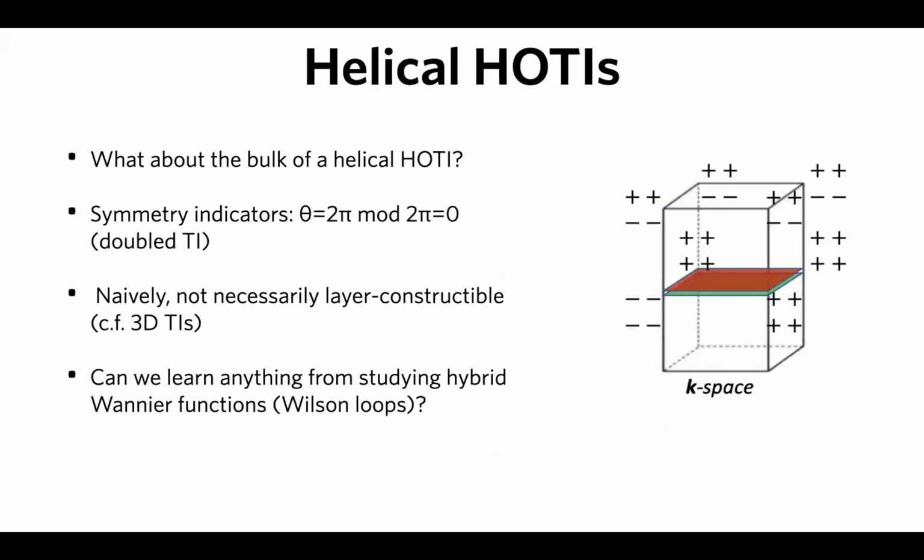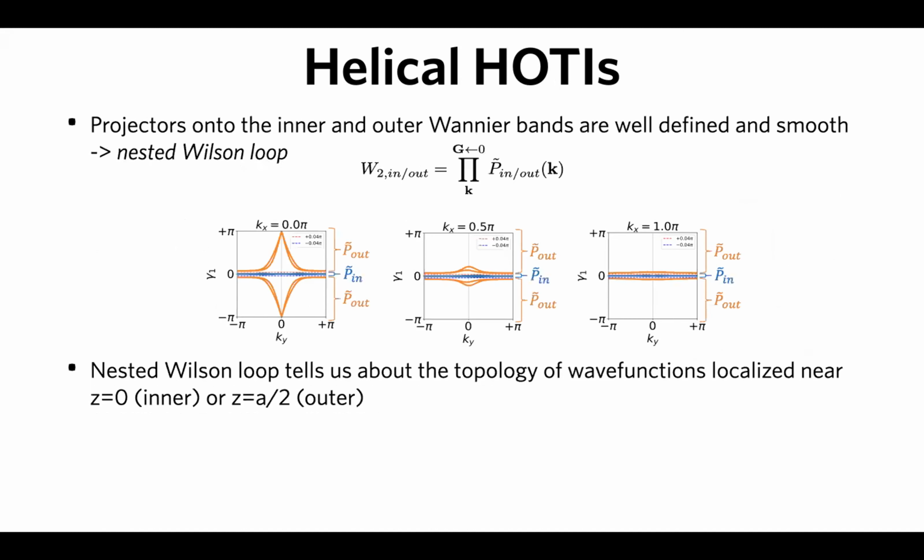Okay, so let's try and apply this to time reversal invariant systems. In time reversal invariant systems, the symmetry indicators tell me that this axion angle theta is equal to 0 mod 2 pi. There's no quantized magnetoelectric effect in these systems. But we can play the same game that we just played with hybrid Wannier centers.